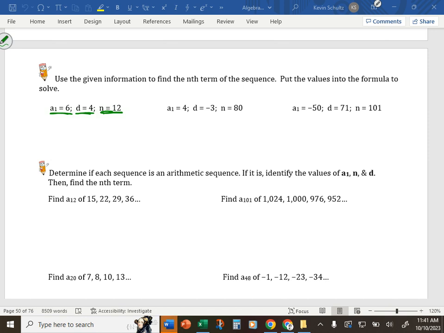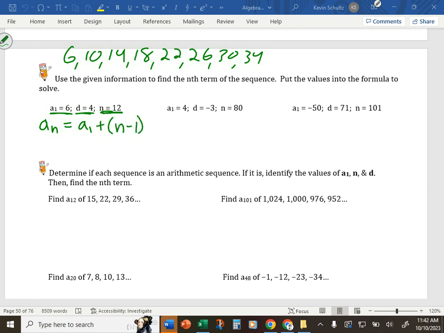You could, if you wanted to, start at 6 and add 4 over and over and over again until you get to 12, right? Or you could use the arithmetic sequence formula: AN equals A1 plus N minus 1 times D. We're going to use the formula because later on down the road, I don't want to be adding 71 or 101 times.